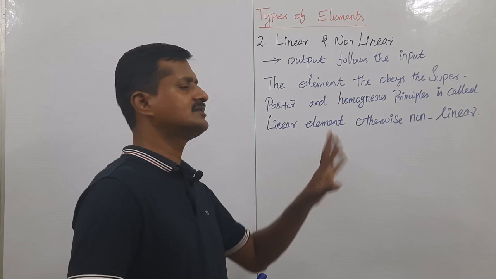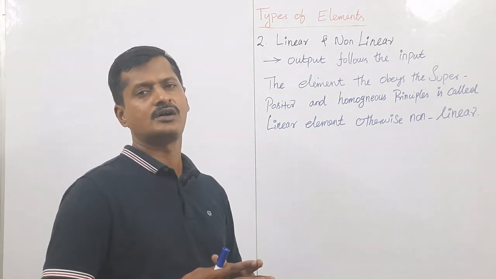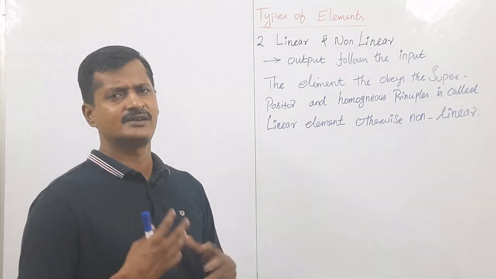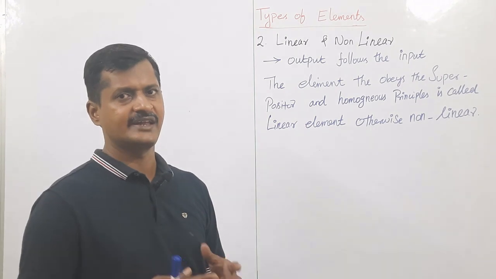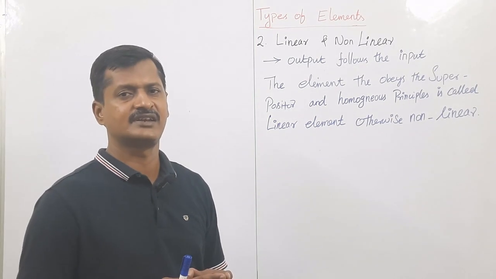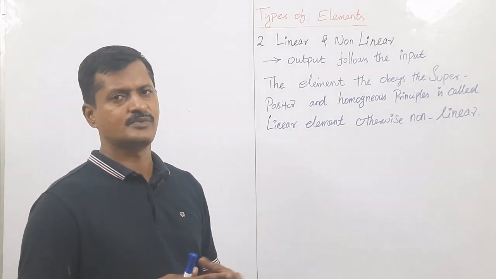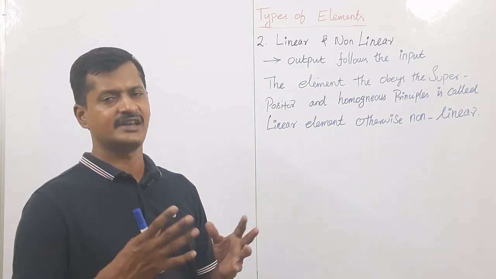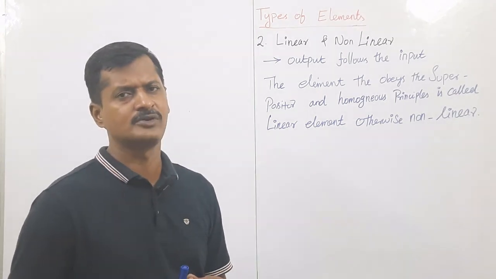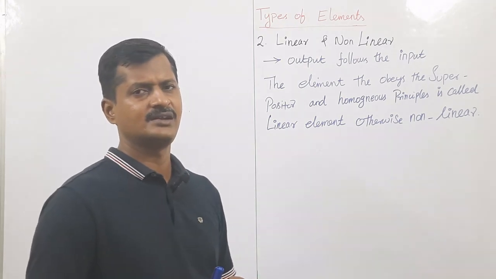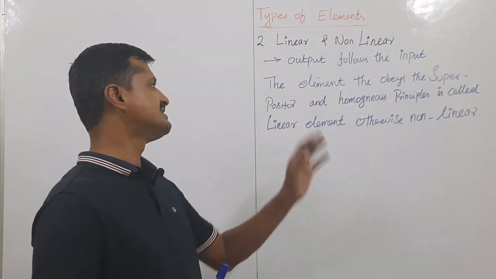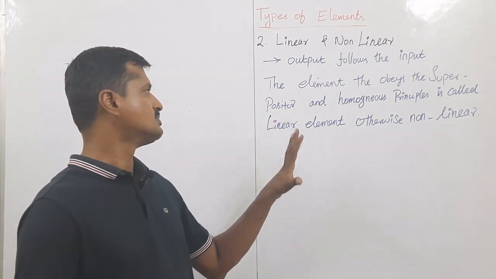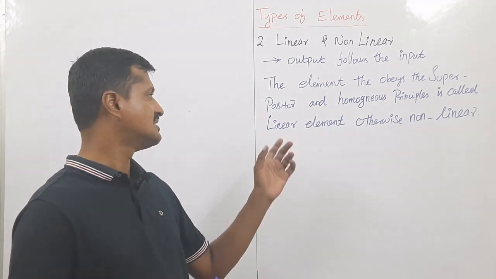You are well aware of the superposition theorem and homogeneity principle. Superposition theorem: if two or more sources are acting in a circuit, we deactivate all but one source and find the individual source's contribution. Homogeneity principle: we understand whether both values are the same. Your element should obey the superposition theorem and homogeneity principle to be called linear.